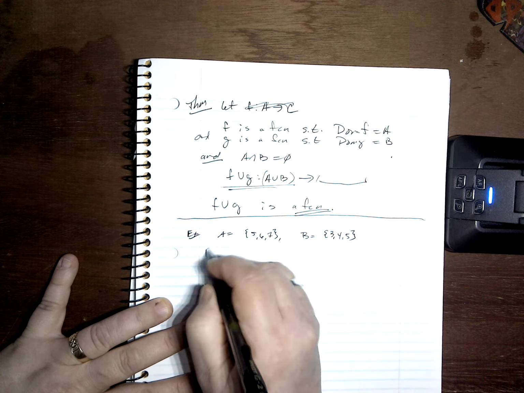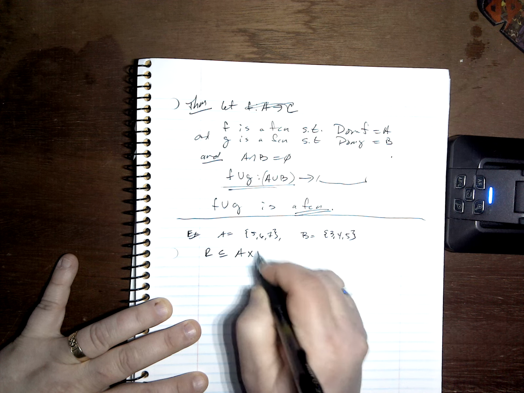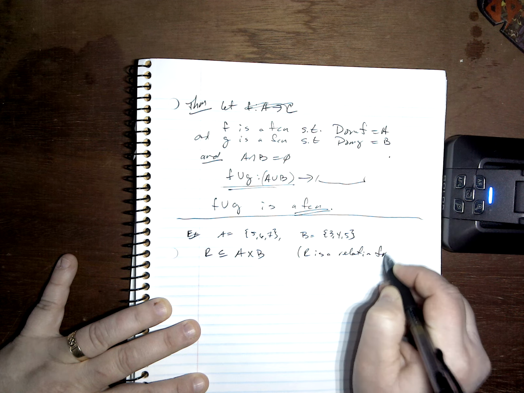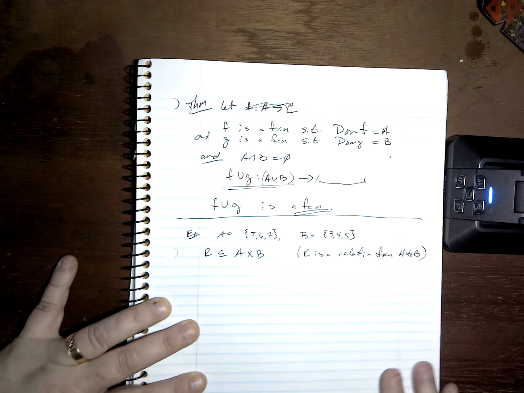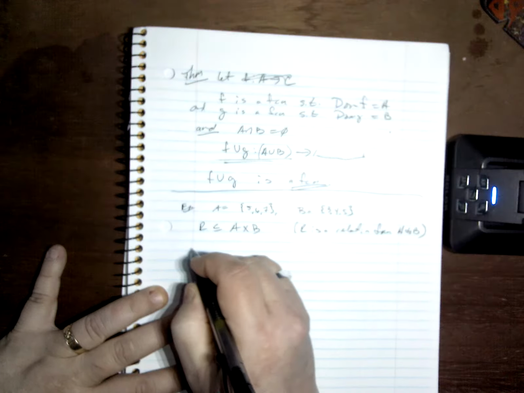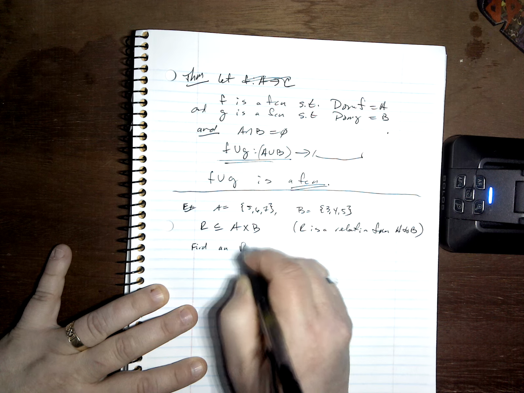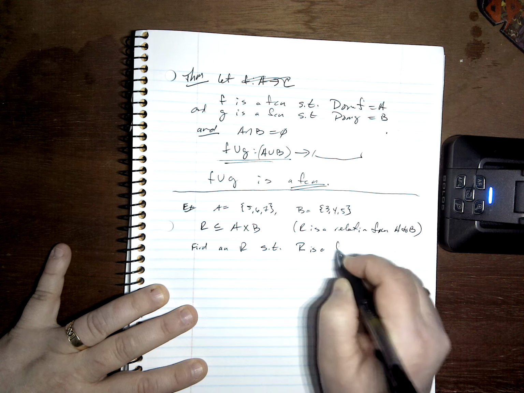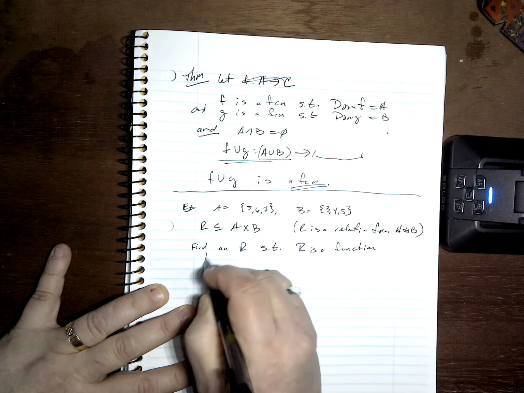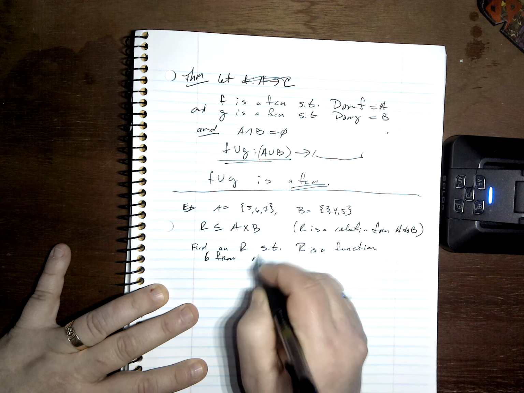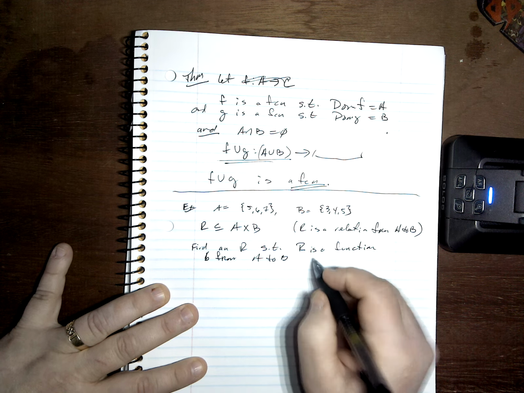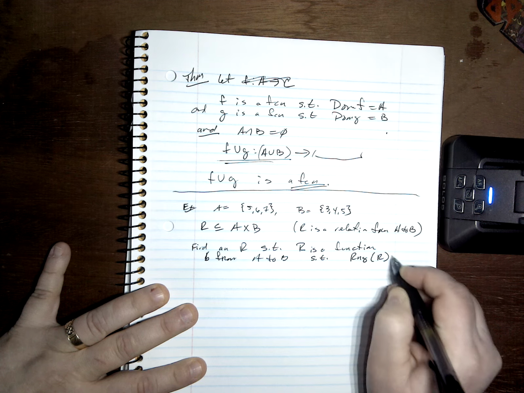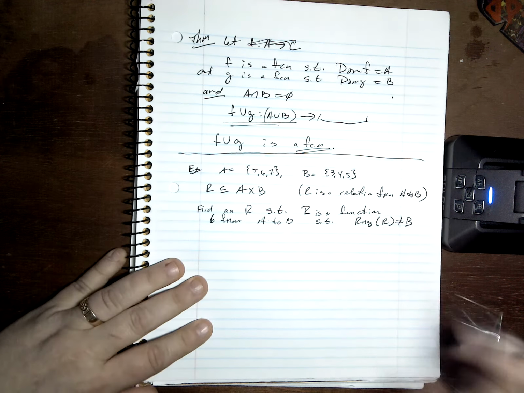And R is a relation from A to B. I want to find an example, find an R such that R is a function from A to B where the range of R does not equal B. And that just means I'm not hitting everybody in B.